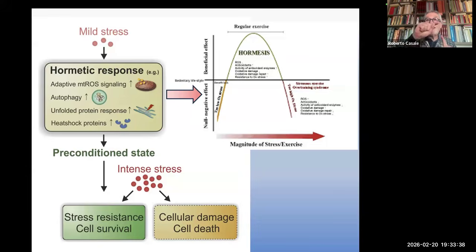If you do the right amount of physical stress, then you activate positive reactions against mild, moderate stress.